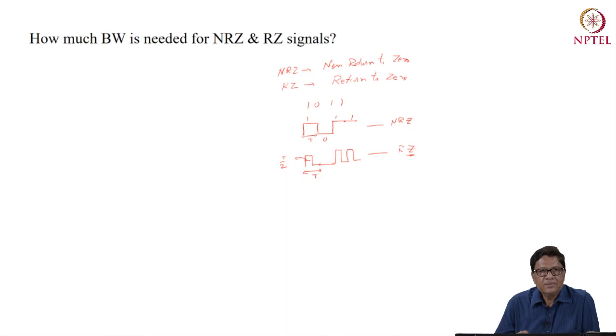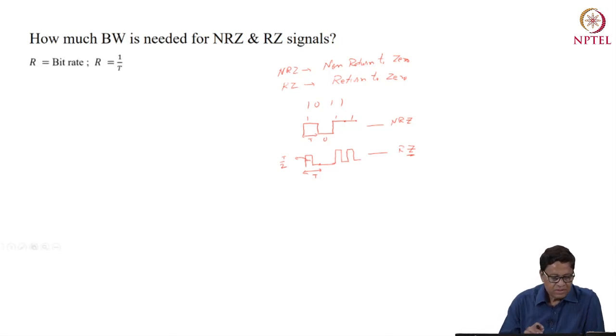The data which is coming can be in either NRZ form or RZ form. So what is the bandwidth the device requires if you are having NRZ data or RZ data? Let us define R as the bit rate, so R will be equal to 1 by T. If I plot 1 0 1 0 to make it a little simpler, this is 1, this is 0, this is 1, this is 0.